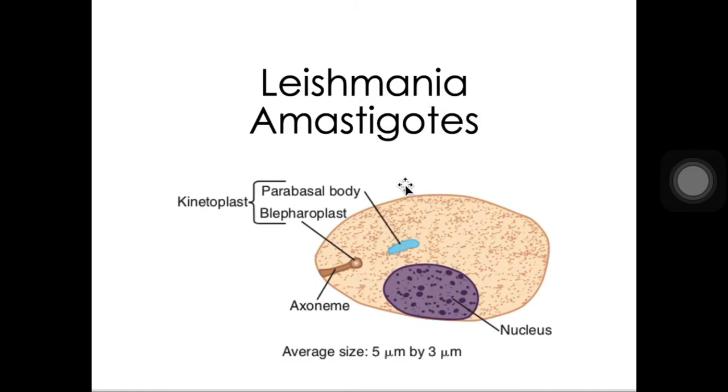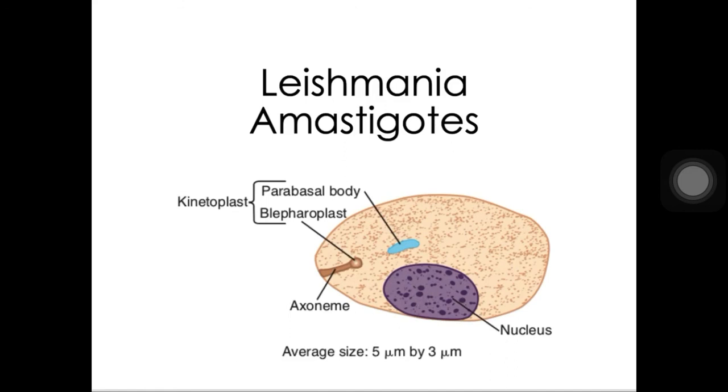In Leishmania infection, what we can find in tissue, in muscle, even in macrophages where they multiply, is the presence of the amastigote. The amastigote has no flagella yet. It has kinetoplast, which serves as an energizing structure, the parabasal body, and the blepharoplast. The nucleus here is located eccentrically. That's its morphological characteristic.